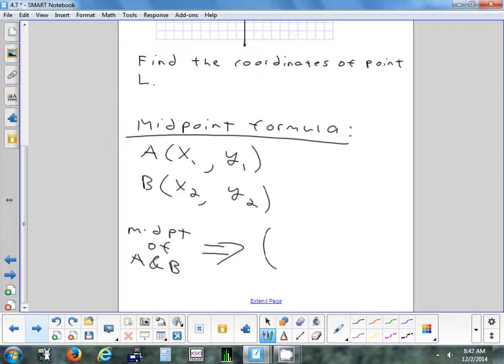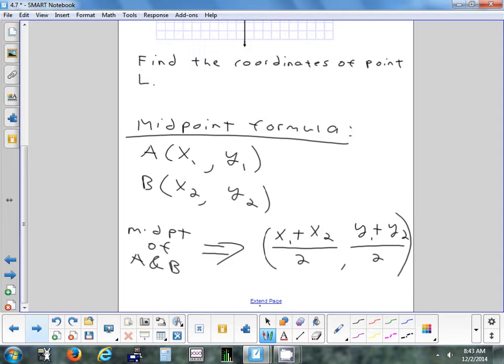How do you average two things? What do you do with them? Add them up. Yep, and divide by, in this case, 2. So to find your midpoint, add the x's up, divide by 2. Add the y's up, and divide by 2. That's how you find the midpoint. Just average the x's and average the y's.